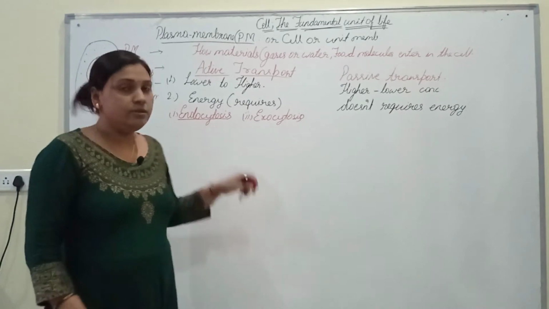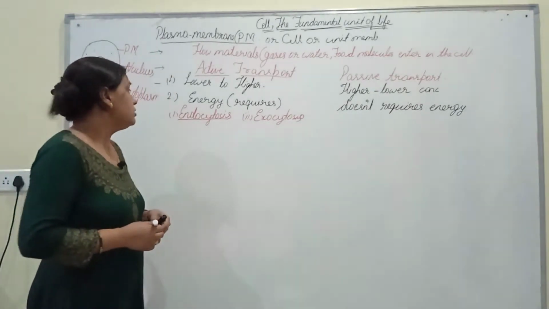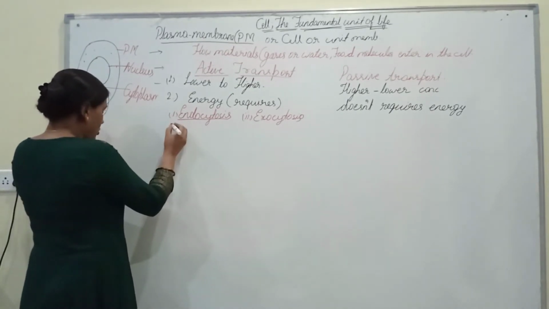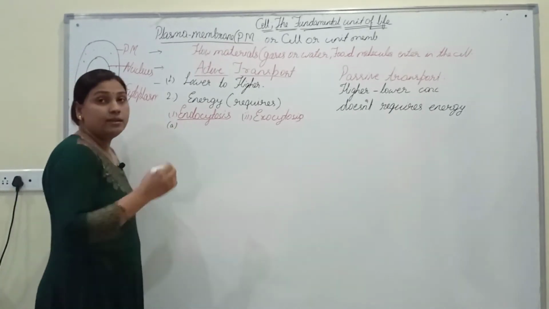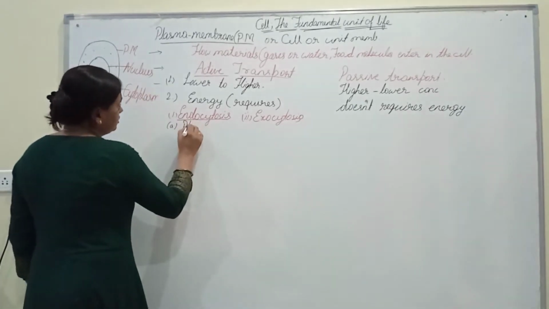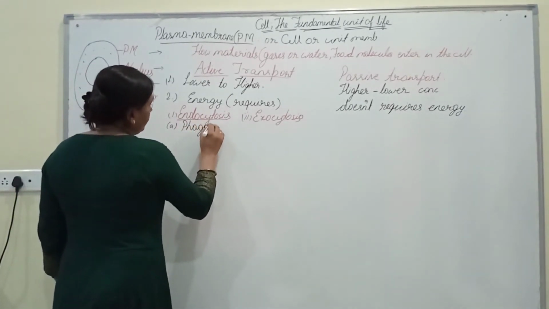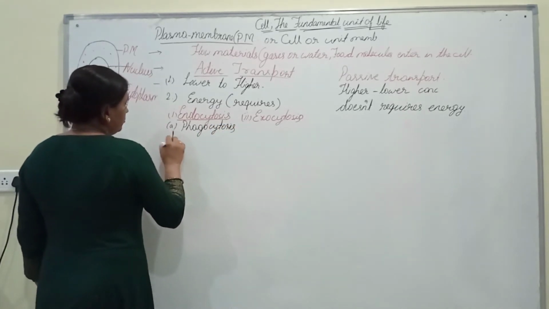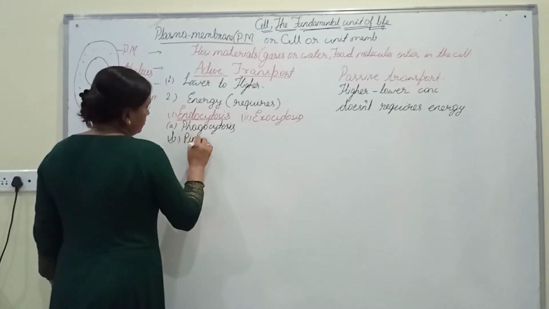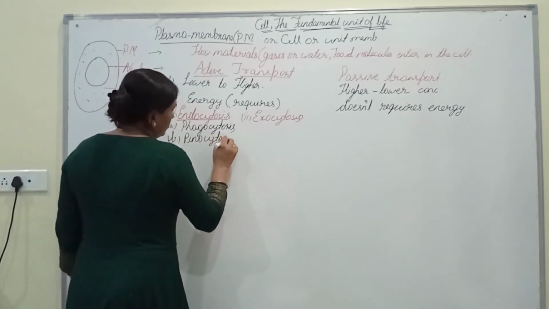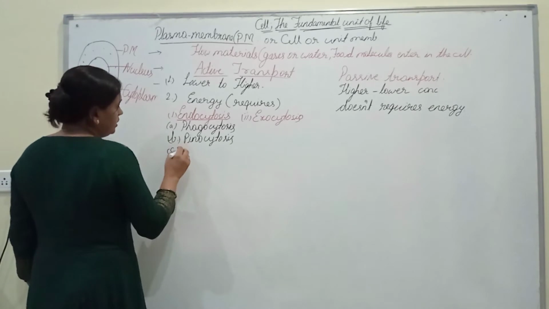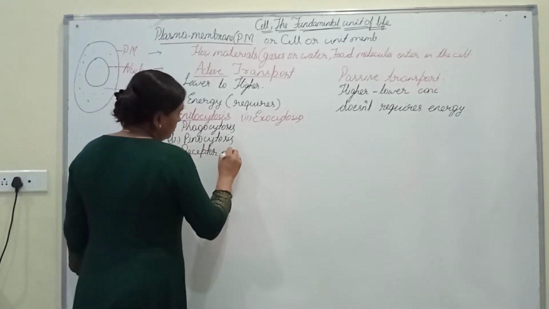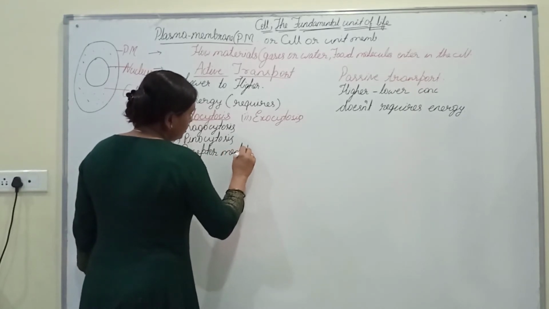Engulfing of food materials by the cells is called endocytosis. Again, it is of three types: phagocytosis, pinocytosis, and the third one is receptor mediated endocytosis.